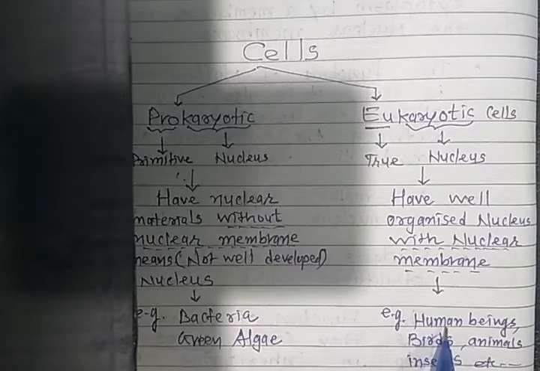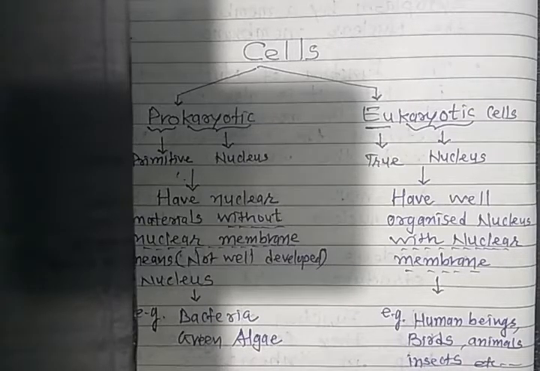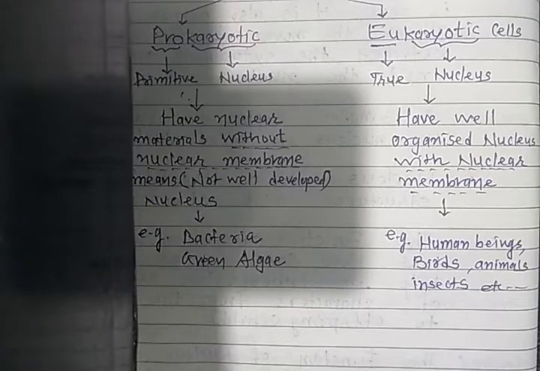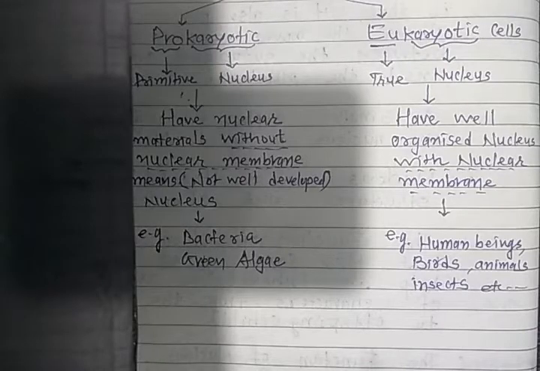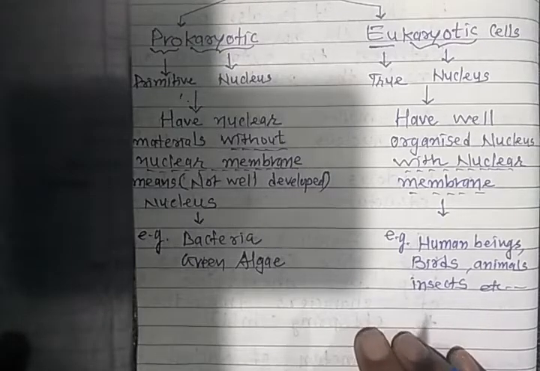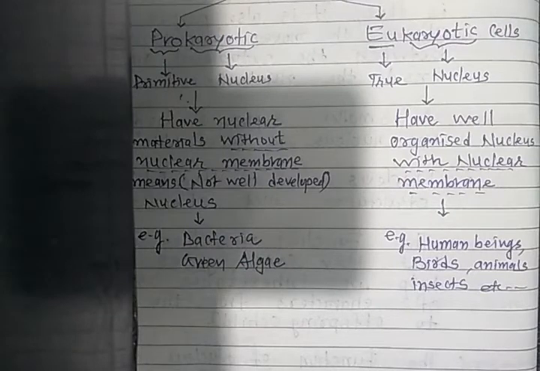We people come under eukaryotic cells: human beings, birds, animals, insects, etc. This is very important, not only for this class, but the difference between eukaryotic and prokaryotic will be asked in the 10th standard board exam also, correct? It will come in 9th standard and 10th standard, so this topic is very important.